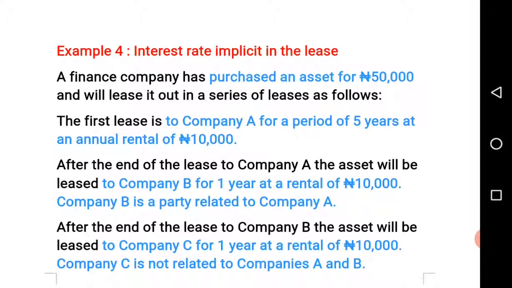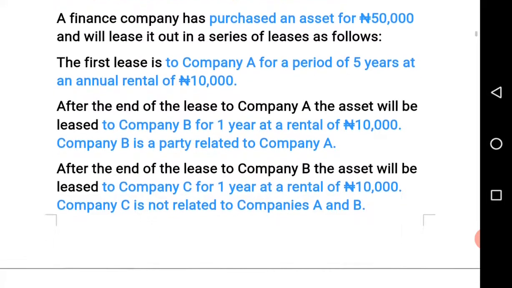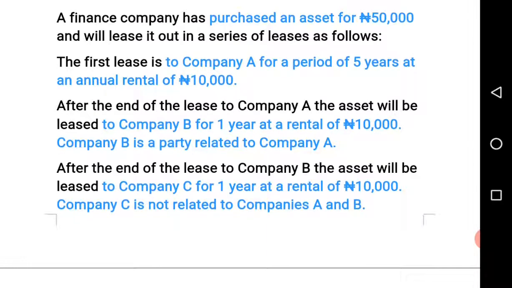After the end of the lease to company A, the asset will be leased to company B for 1 year at a rental of 10,000. Company B is a party related to company A. After the end of the lease to company B, the asset will be leased to company C for 1 year at a rental of 10,000. Company C is not related to company A and B.